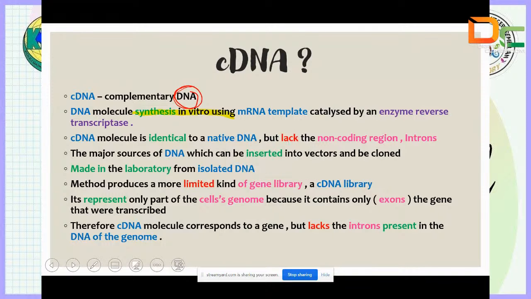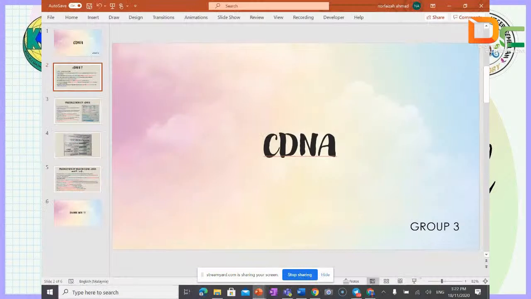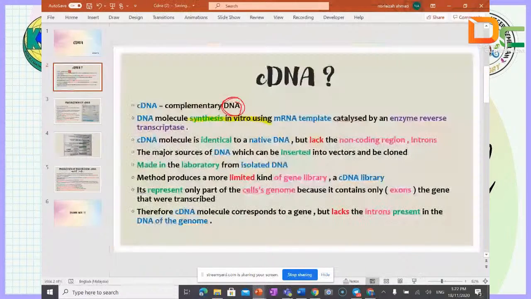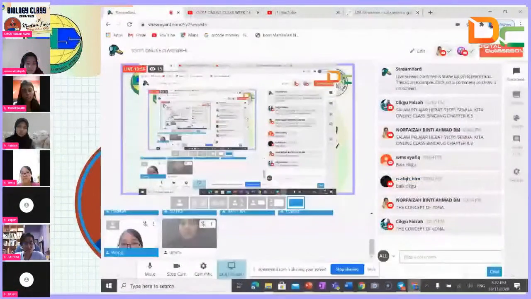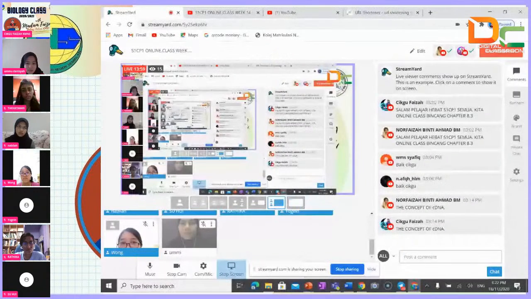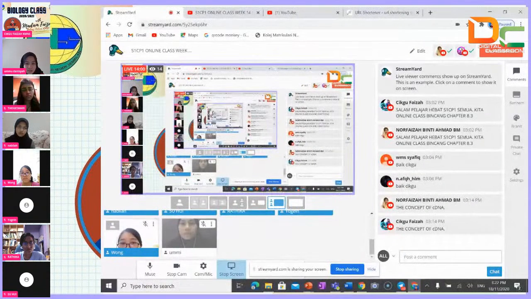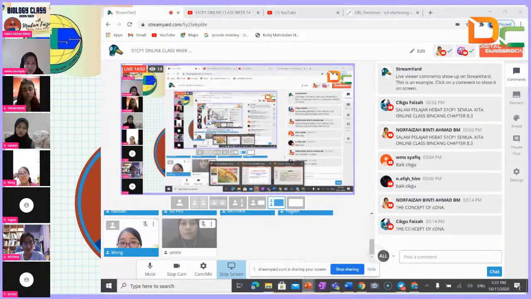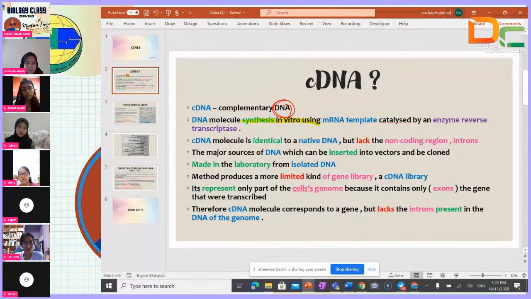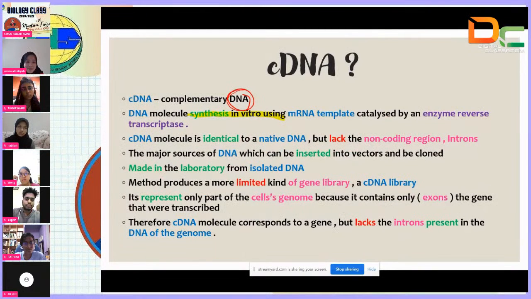Okay, mRNA template. Teacher wants to change the layout for a moment. Okay, so you can continue. DNA molecule synthesis in vitro using mRNA template.